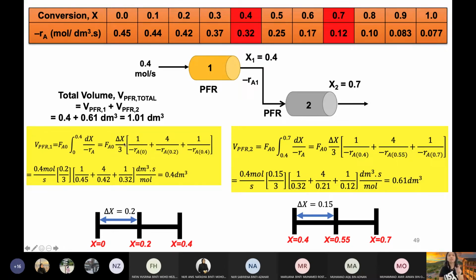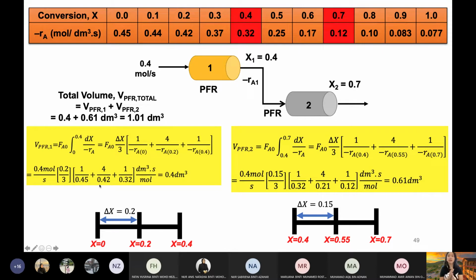FA0 delta X over 3 in bracket 1 per minus RA when my X is 0 plus 4 per minus RA when my X is 0.2. Macam mana dapat 0.2? Again, kalau kamu tak faham, kamu tengok initial 0, lower limit 0, upper limit 0.4.